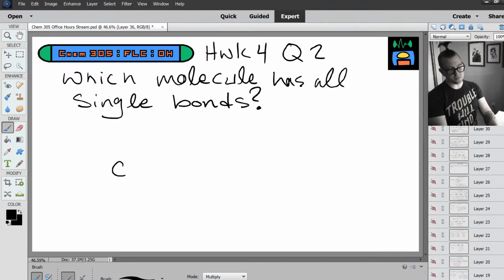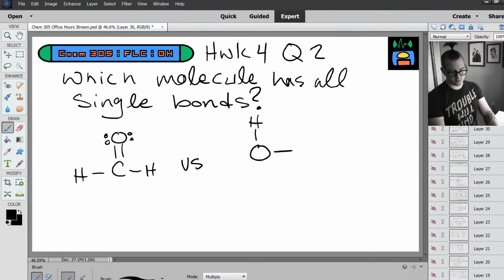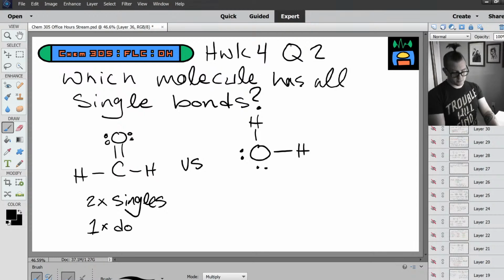Compare these two. The first one has 2 singles and 1 double, versus the second compound only has 2 singles.